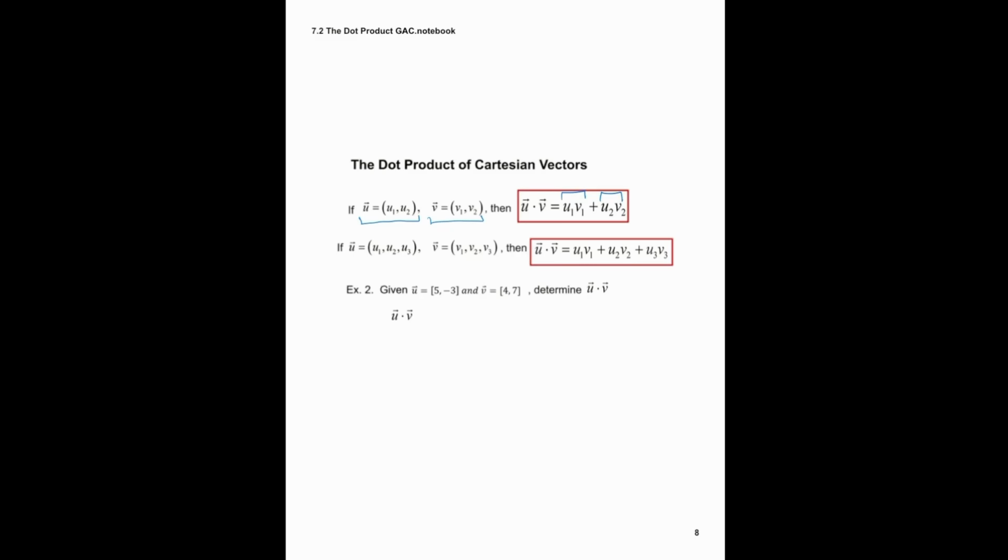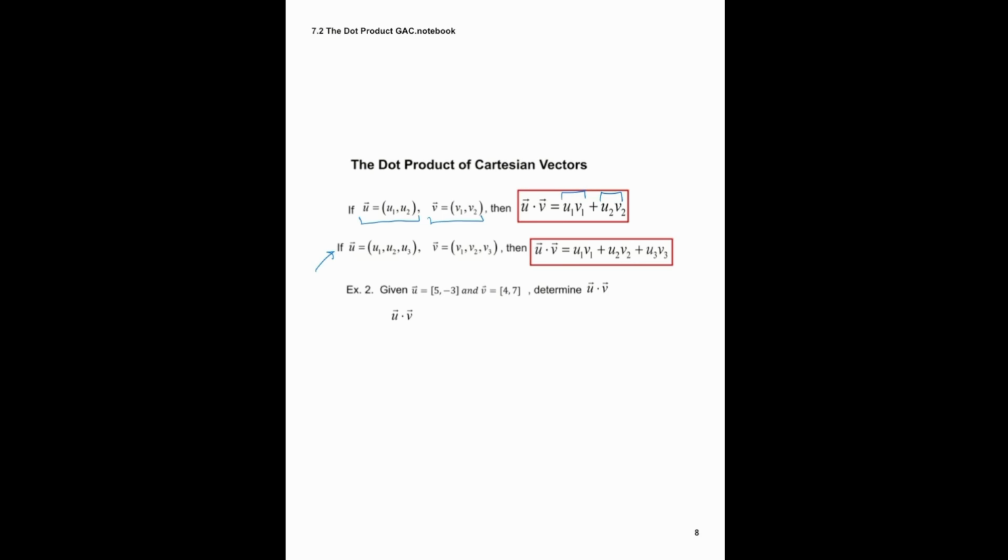Now, we can also use this same concept in 3-space, or 3D. We're going to talk about that in more detail in another lesson, but I just thought you should see it. This is what I was talking about when I said it is actually easier to work with vectors in Cartesian or algebraic form when we get into higher order spaces.